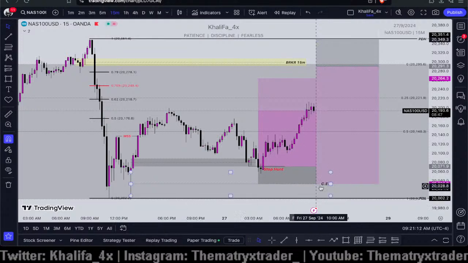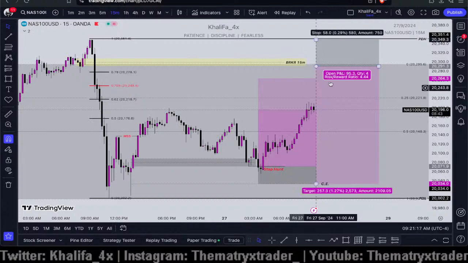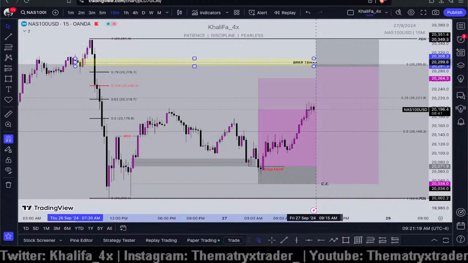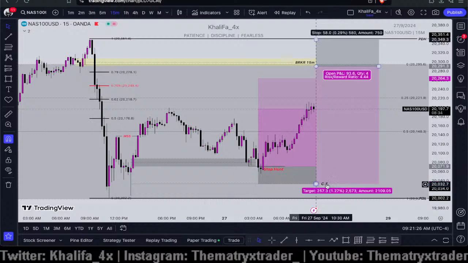I will be targeting, if price came back from this breaker block, then this would be our target, the consequent encroachment level.